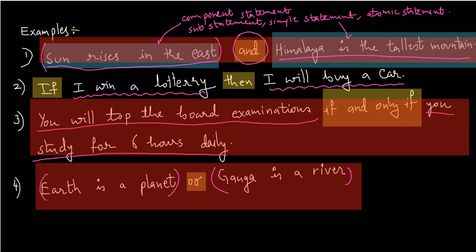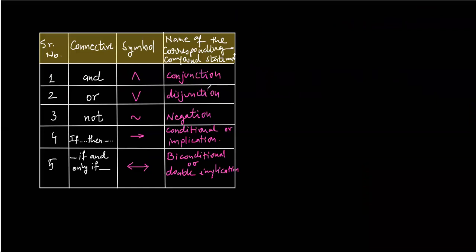So now with the help of this table, I'm going to teach you that when you are using these logical connectives like and, or, not, if then, if and only if, for each one of these logical connectives, you have a specific symbol. So when you're using the logical connective "and", you will use this symbol. This symbol, it is conjunction.